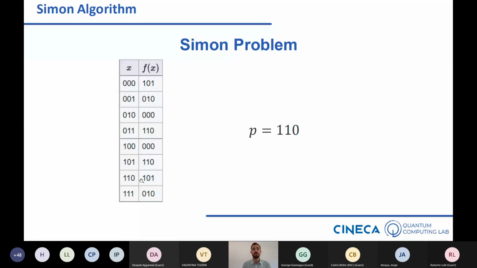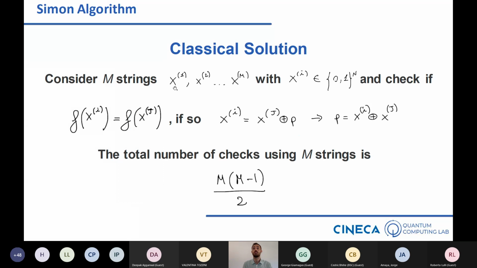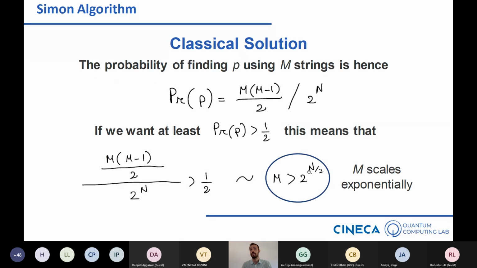In the worst case scenario, you have to consider m strings, where m is greater than half of the total number of strings that you can have. Okay, so as you see, m grows exponentially with the number of bits. Okay, are you okay with this? Please write in the chat if there are questions.